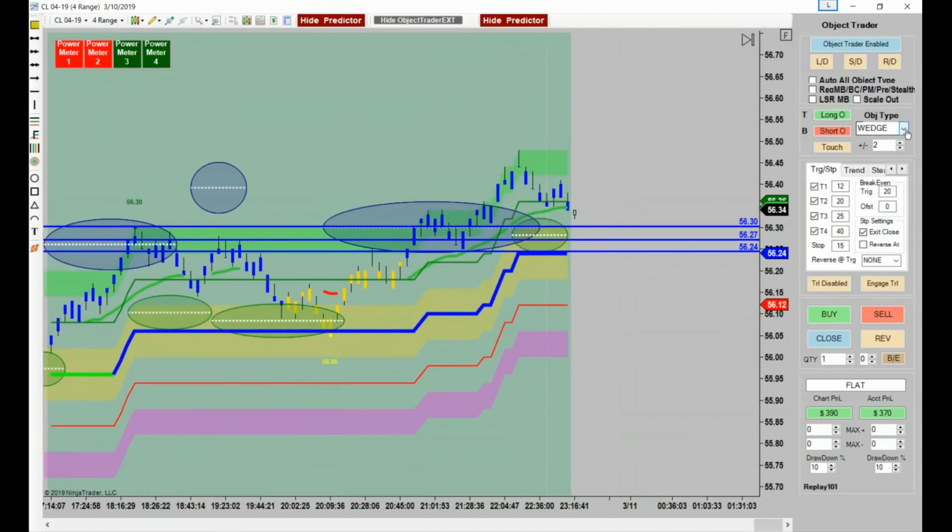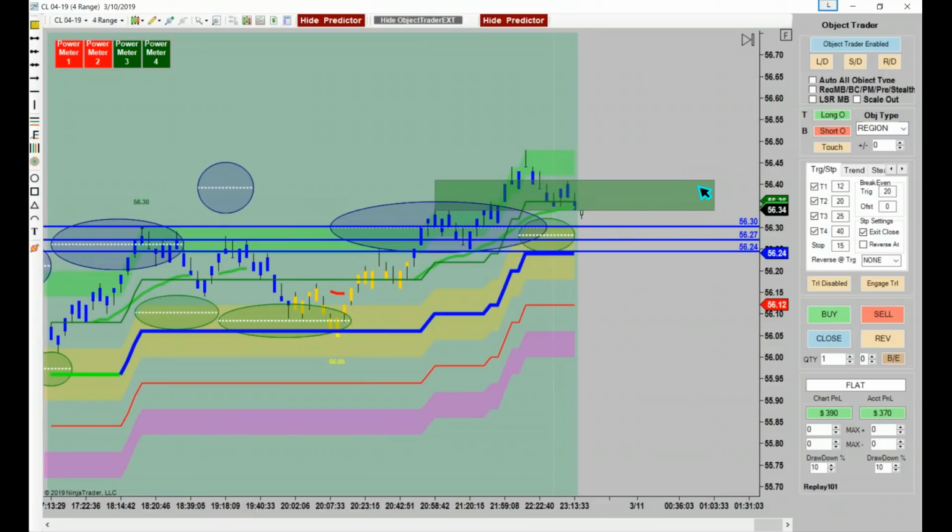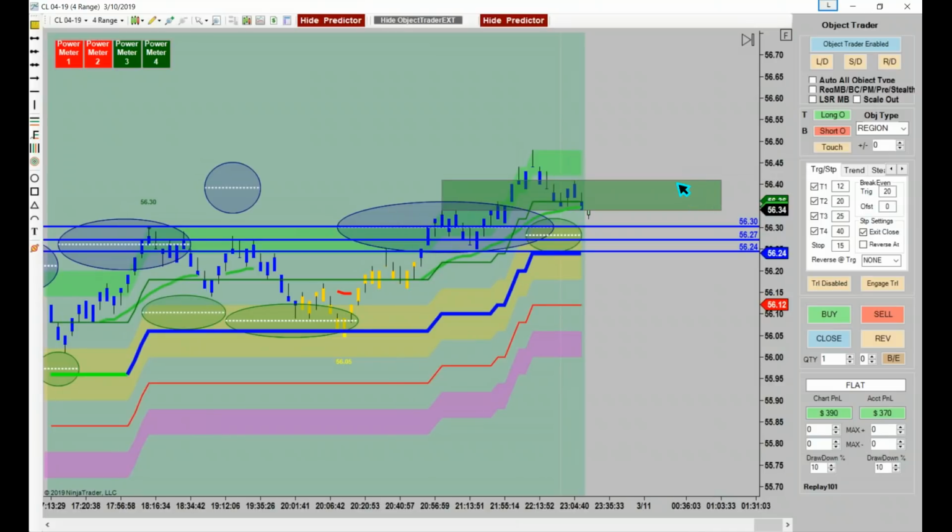So you want to try one and see if we can get one? Well, let's just box it or wedge it. Which do you want to do? You want to wedge it or box it? Let's just box it.